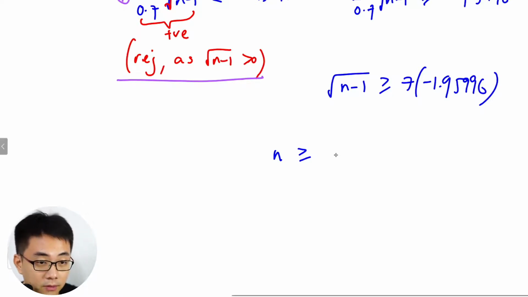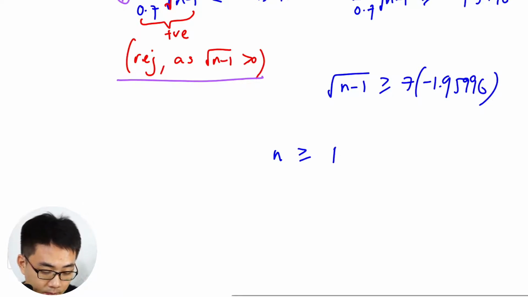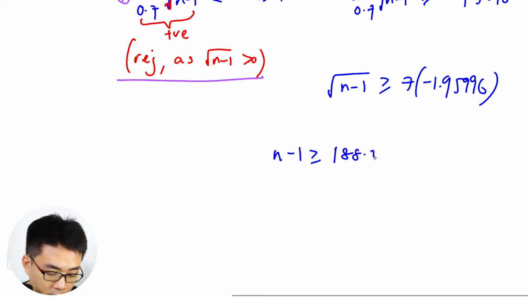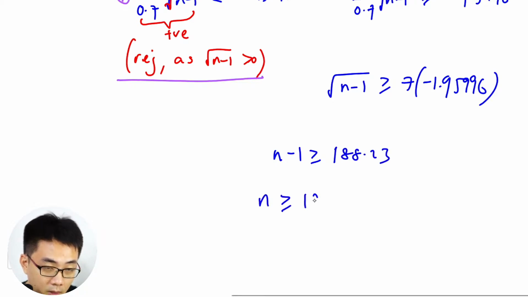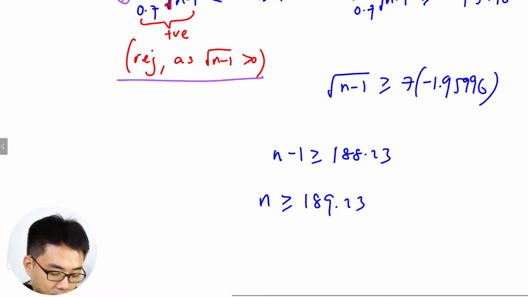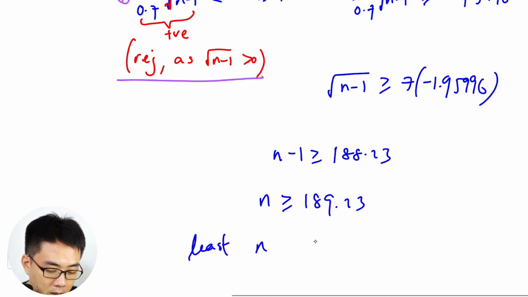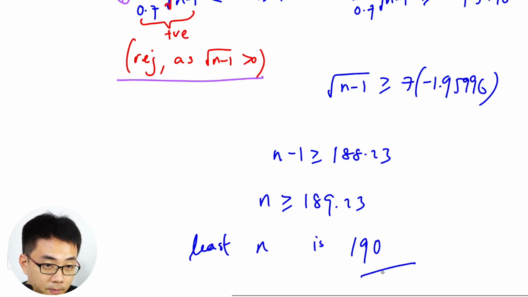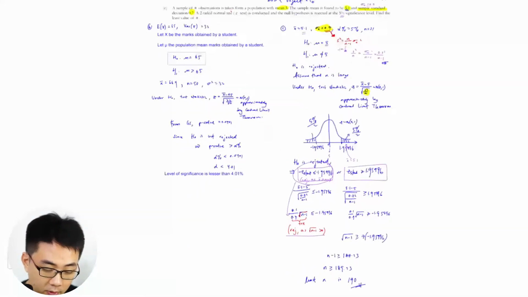Squaring both sides will give us n minus 1 equals 188, so n will be 189.23, and hence the least n is 190. Okay, so that's how you do this question here.